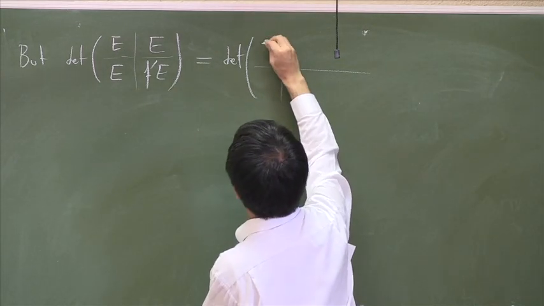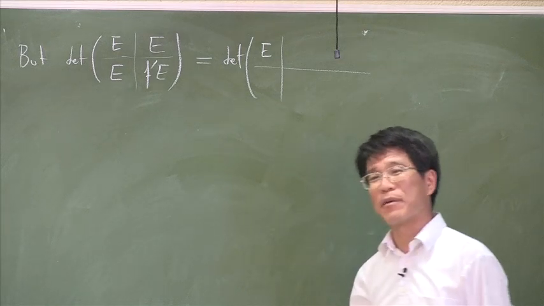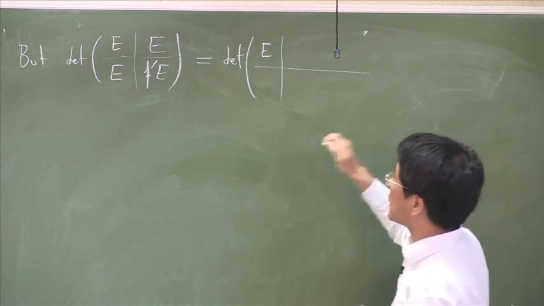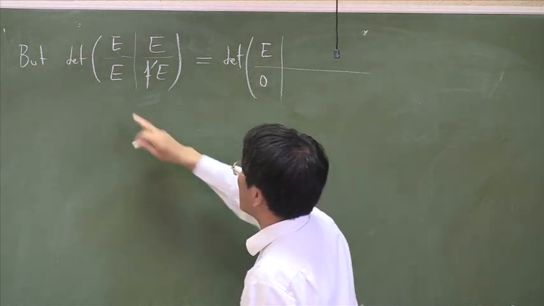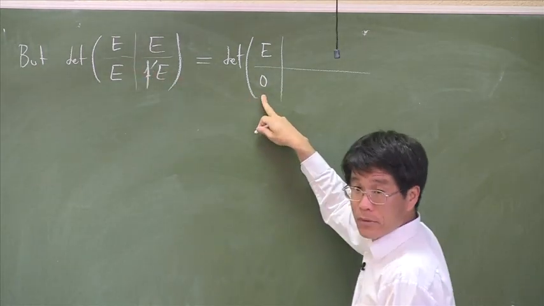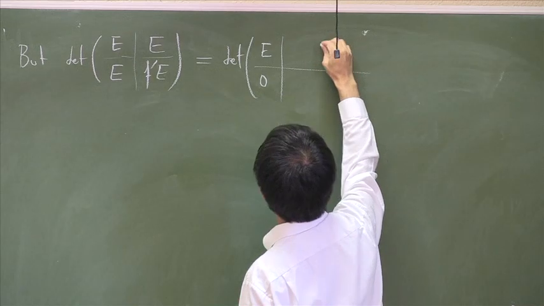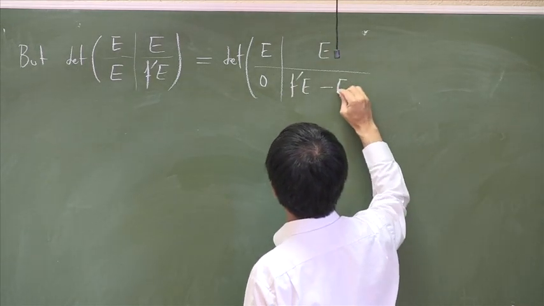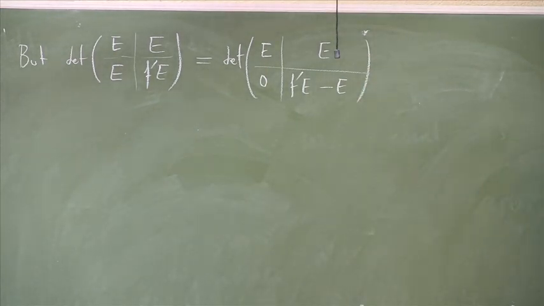And what's going to happen? No, sorry, that's not what I'm going to do. In fact, I could have done it too, but okay, let's do it like this. Then, e minus e, I get 0. And here, I get e. And here, I get f prime of e minus e. That's what I get, right?